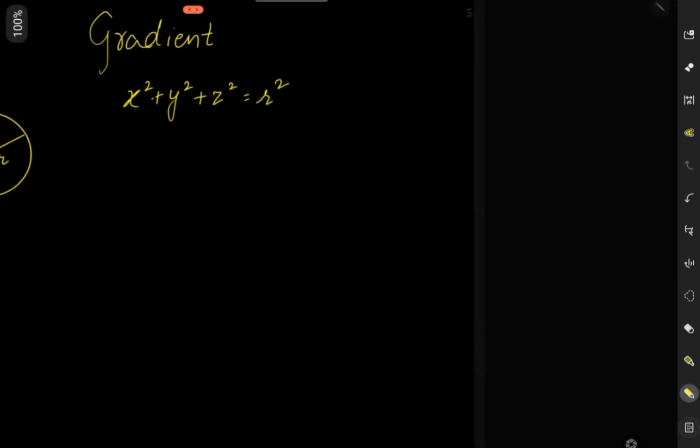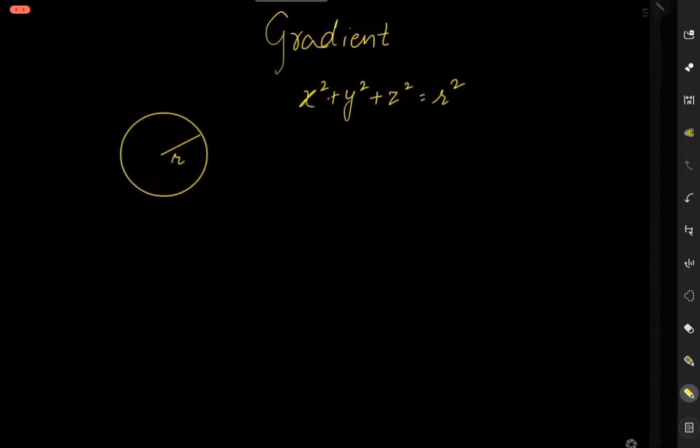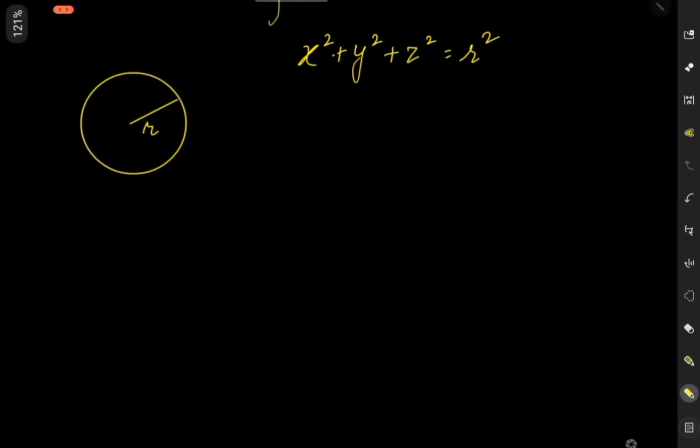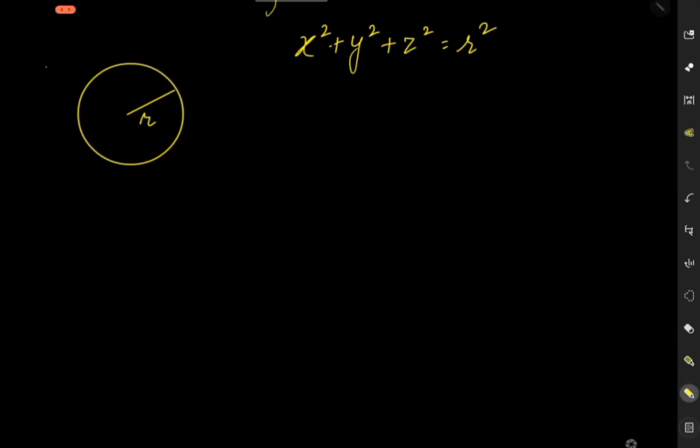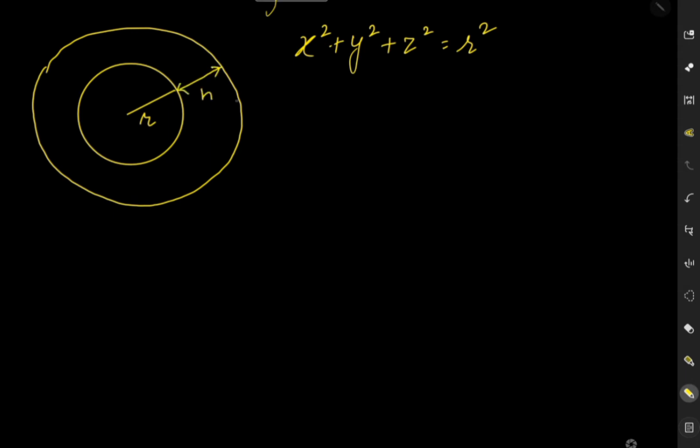Let's take another surface above it at height h. The equation of this surface will be x square plus y square plus z square is equal to (r plus h) square.